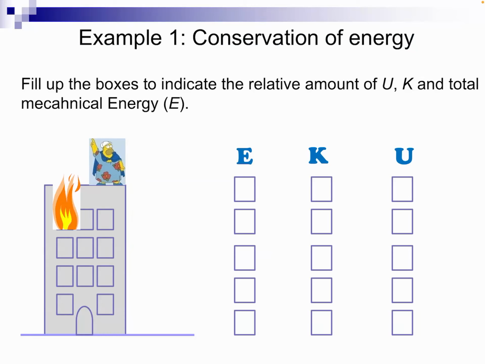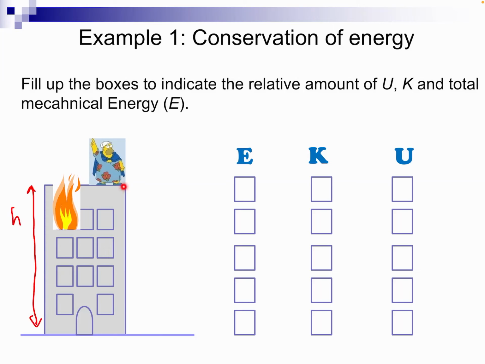Not a good idea. Please don't try this. Unless, of course, there's a firefighter down here telling you to jump because there's a trampoline that will break your fall. All right, so let's consider that he's at a certain height, H. He's standing still, contemplating whether he'll jump or not.